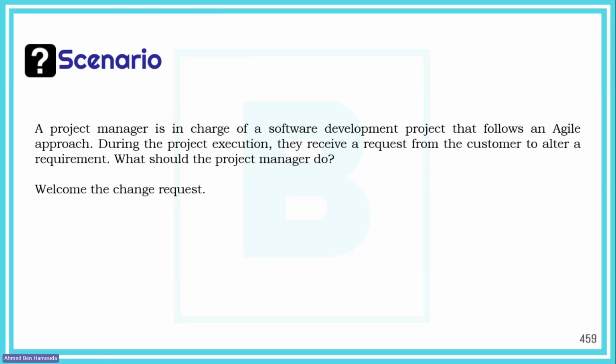They log it in the product backlog or the project backlog, and then understand the priority of this change, and then make the usual impact analysis. Now, being in Agile, in adaptive project management, we are based on the four values in the Agile manifesto, and the fourth one is welcoming changes.